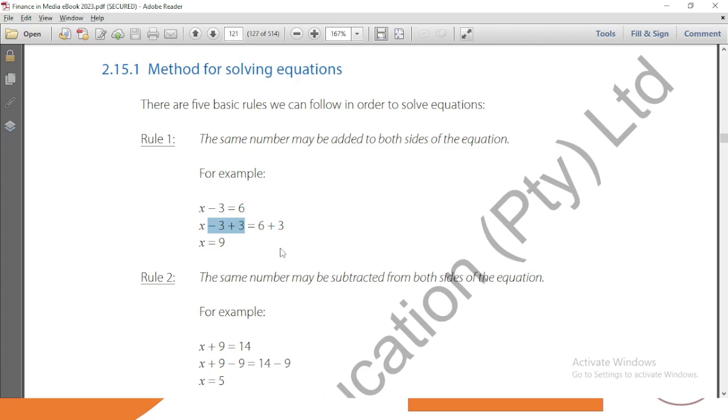Without applying this, we could just use the basic rule to change the sign and apply it to that side. But we are actually applying the method of solving an equation, which is rule number 1, adding the number to both sides of the equation, where we're going to have x now equals 9.